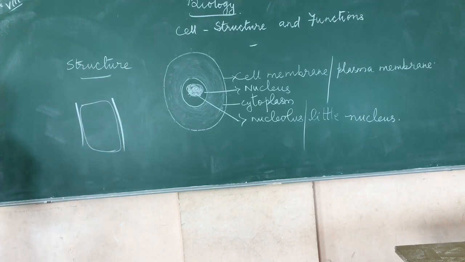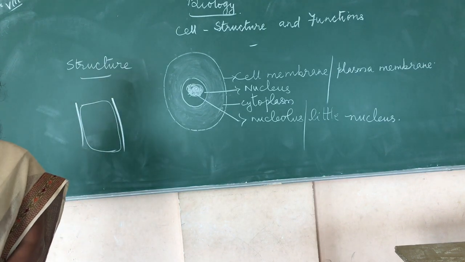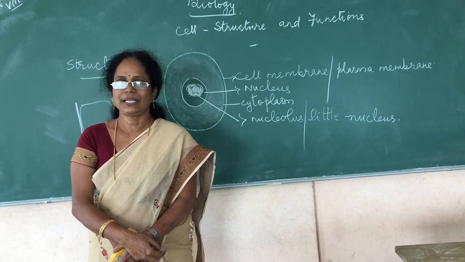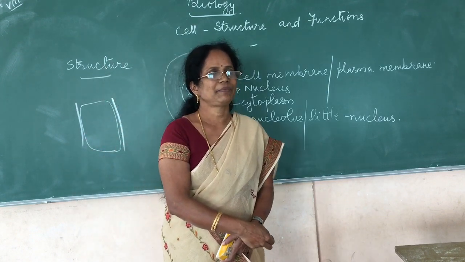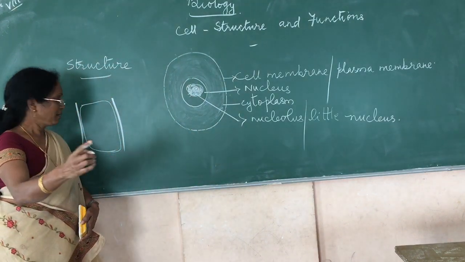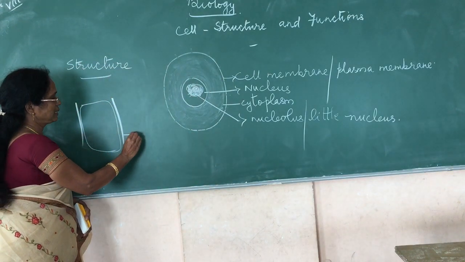The shape is also described as box type. You might have studied in your lower classes, is it not? It is box type, box shape. And this is the cell wall.